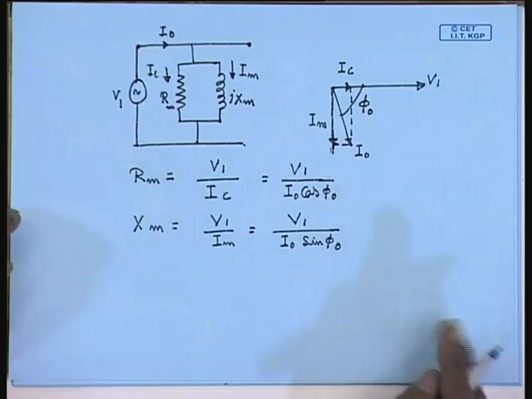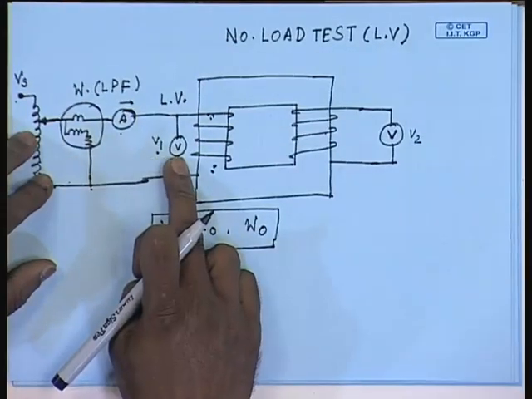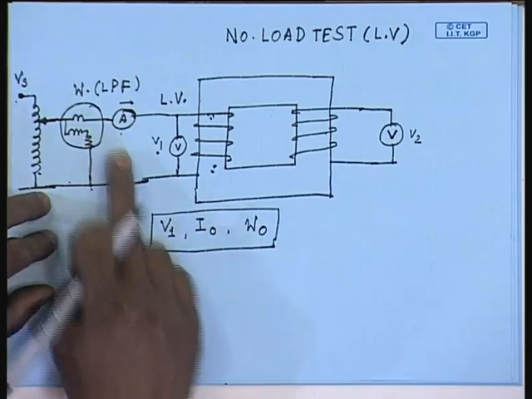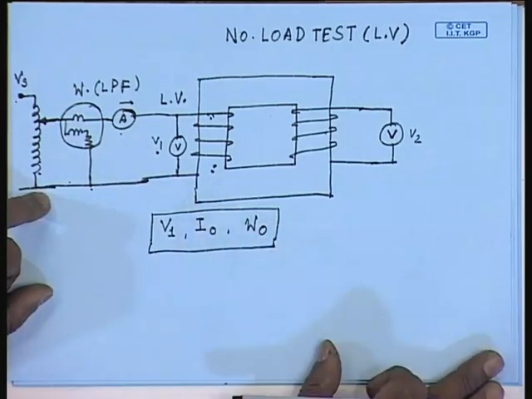So, from the voltmeter I read V1, from the ammeter I read I0, and from the wattmeter we read the power reading W0.